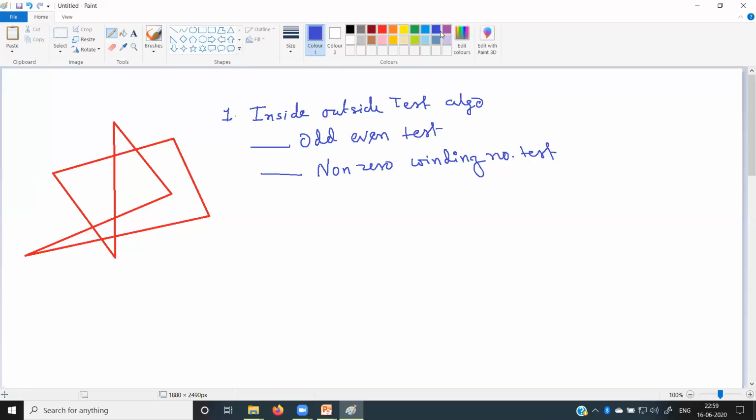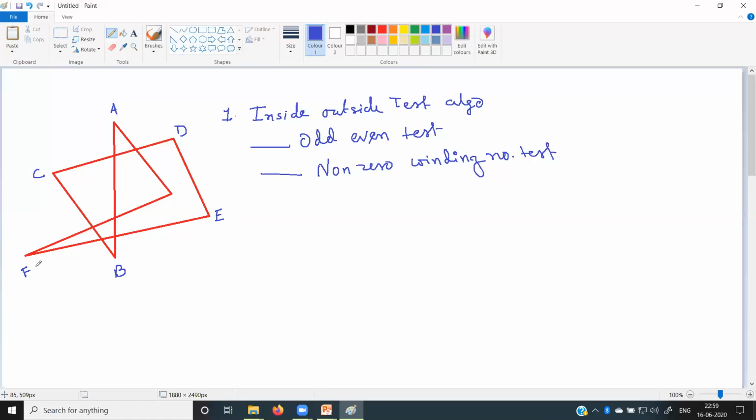So this is vertex A, now this is B, C, D, and then E. You can move in either the clockwise or anti-clockwise direction, but you have to follow one rule.